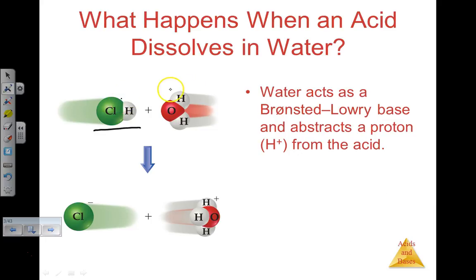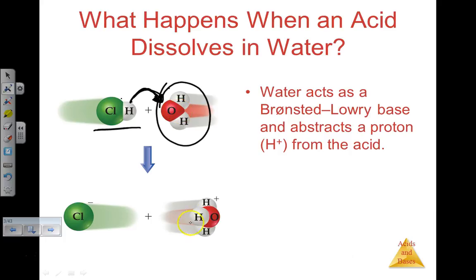Hydrogen chloride, when it's mixed with water, actually ionizes. And so what happens is this hydrogen is transferred. Based on our definitions of acids and bases, this compound donates the proton, so it's an acid, and water, H2O, accepts it. So that makes water the base.